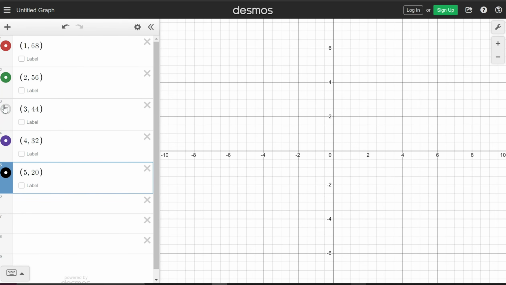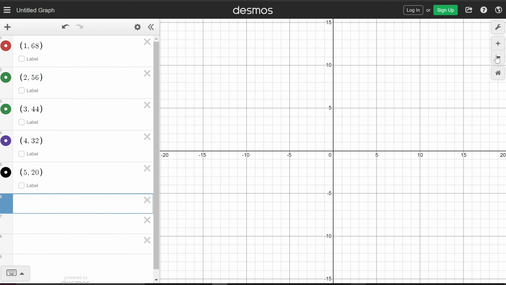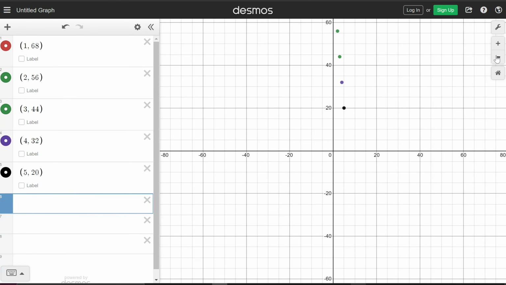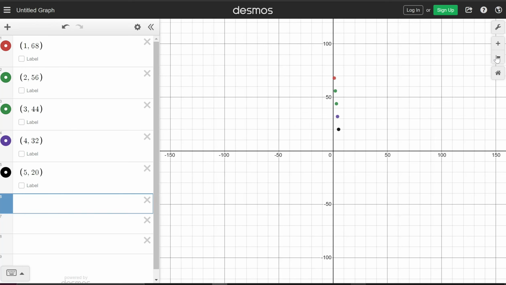All right. So let's go ahead and take a look at how this is going to look for us. If you don't see it, sometimes you may have to zoom out, right? Because we're at numbers like 68, 56, 44 and such on the y-axis, where we have smaller numbers on the x-axis.